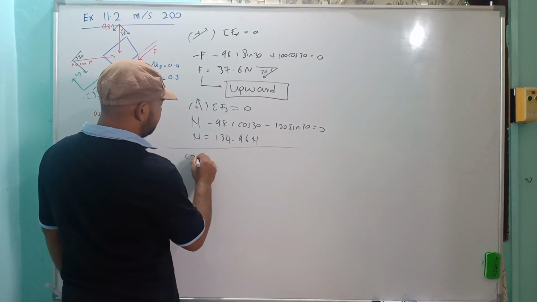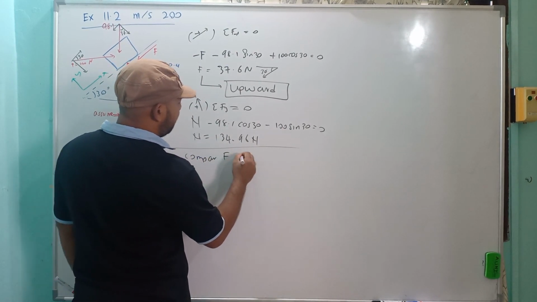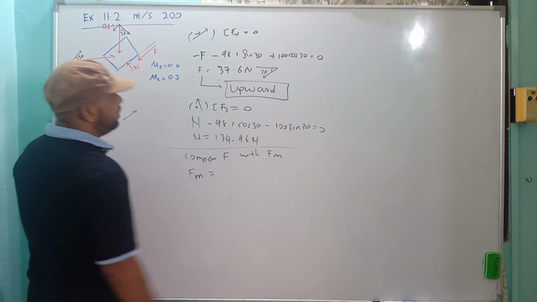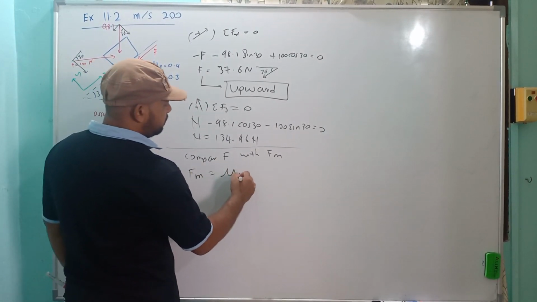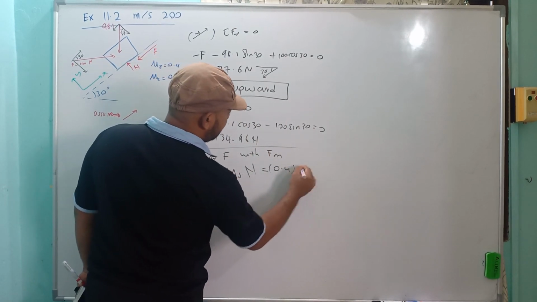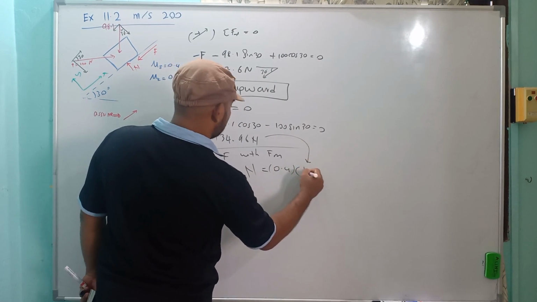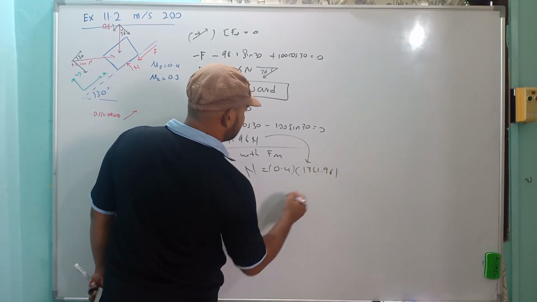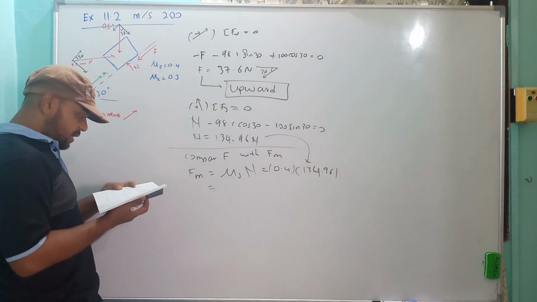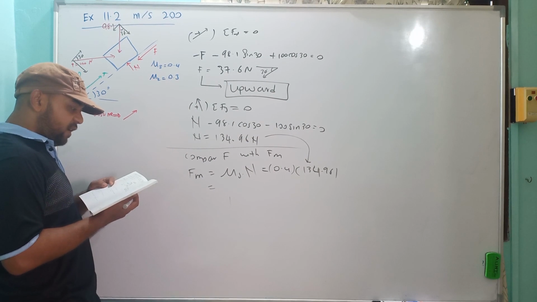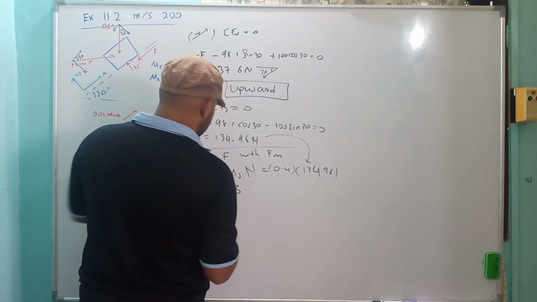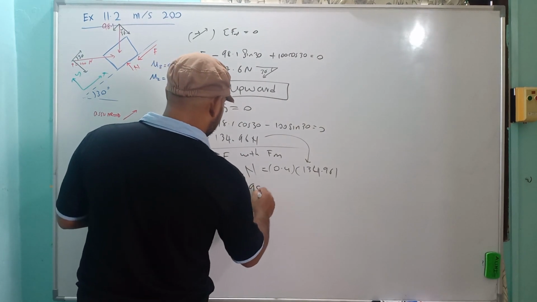Okay, compare F with Fm. Fm equal to mu static times N, given 0.4, N is here 134.96 or 135. Okay, you got Fm equal to 53.98 Newton.